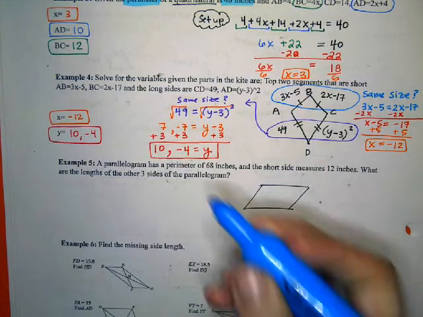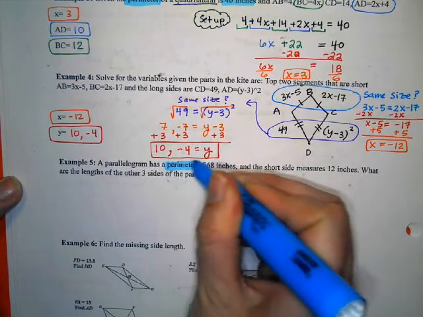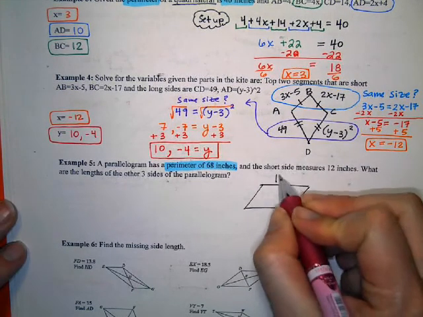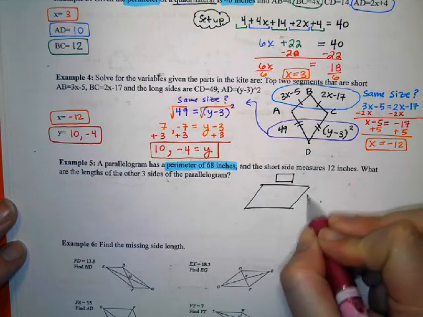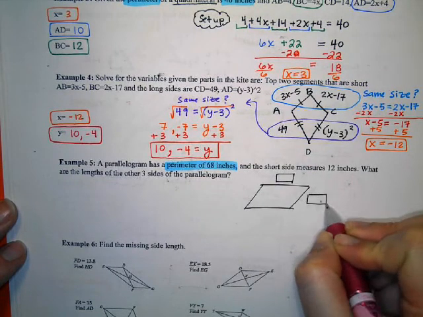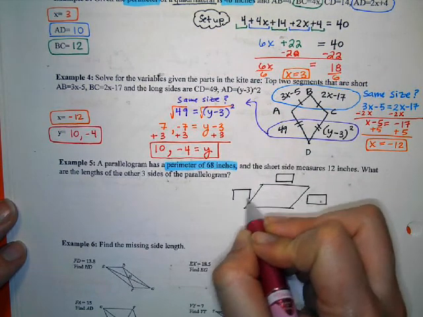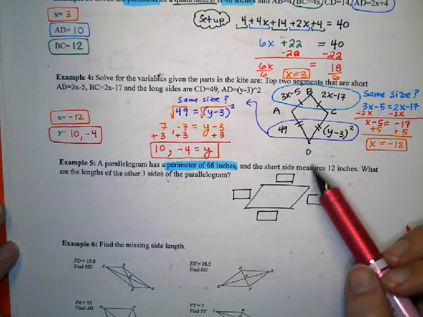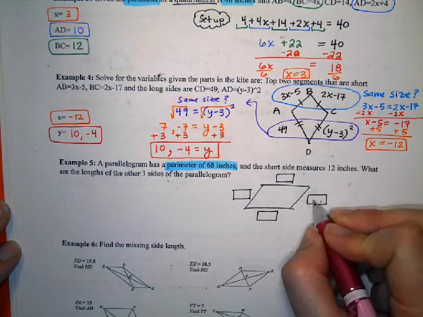A parallelogram has a perimeter of 68 inches. I'm going to put little boxes.